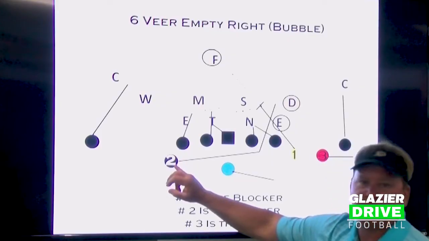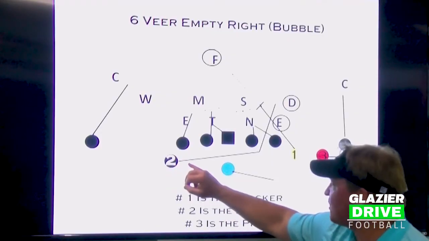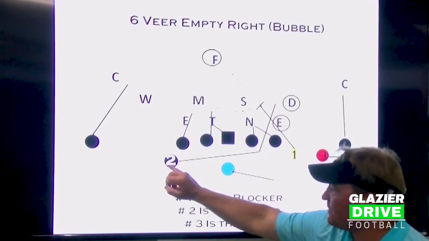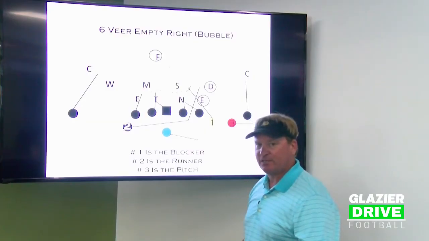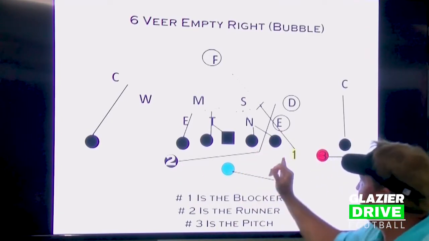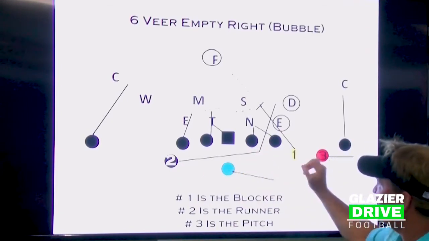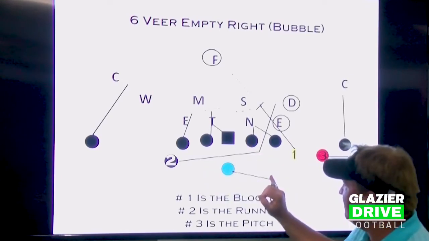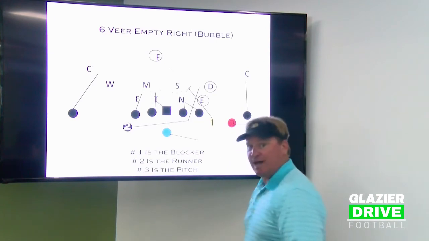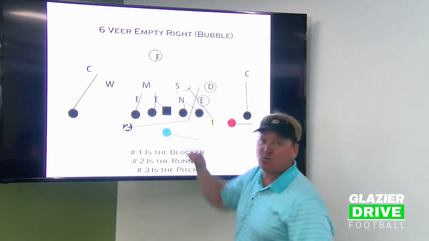He became a shovel. He's going to run his veer track, his exact veer track from here. So this is an empty formation. 2's here. If that end comes down, quarterback's going to keep it. You can throw the bubble. If that end were to go upfield, the quarterback would shovel pitch it to that running back, and he'd continue to run veer.